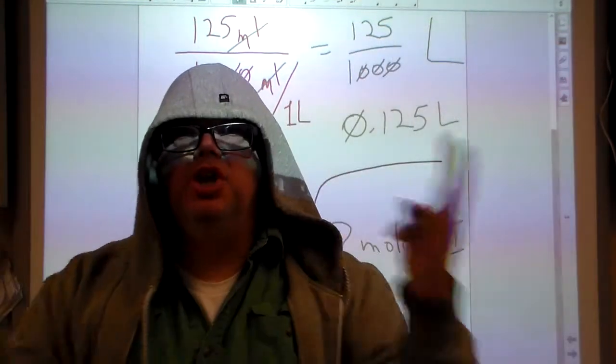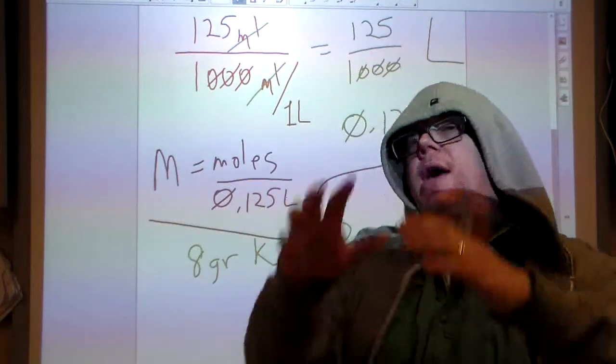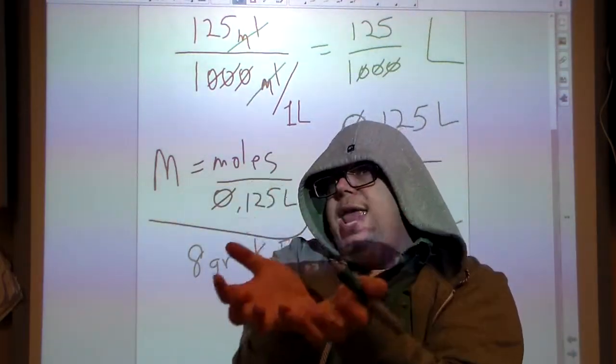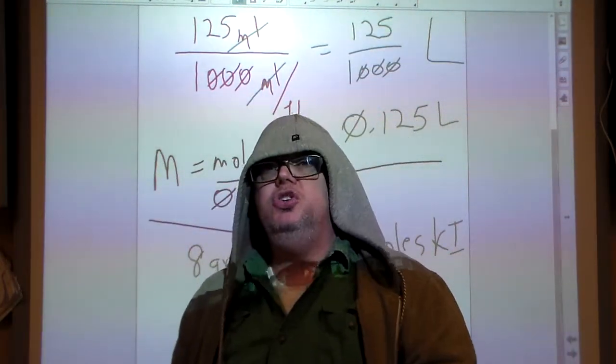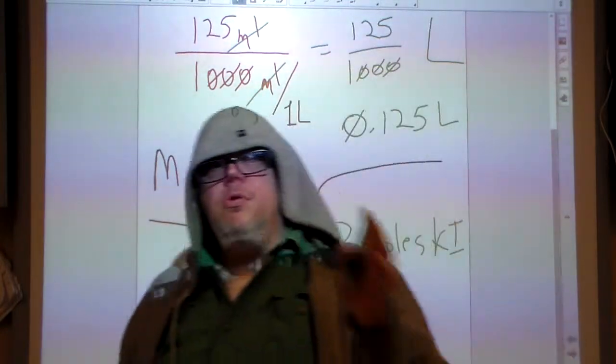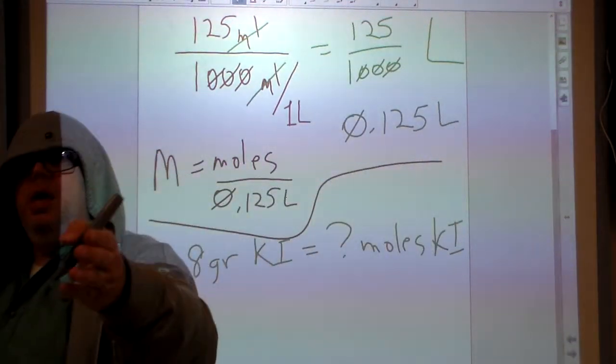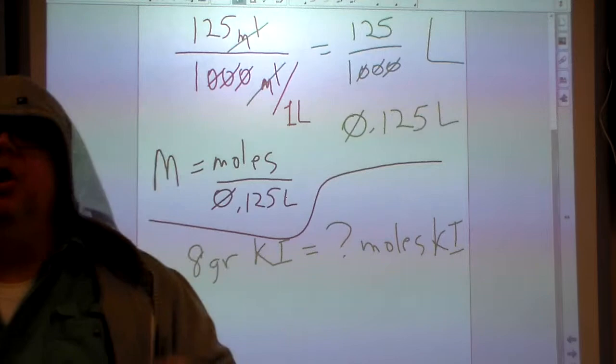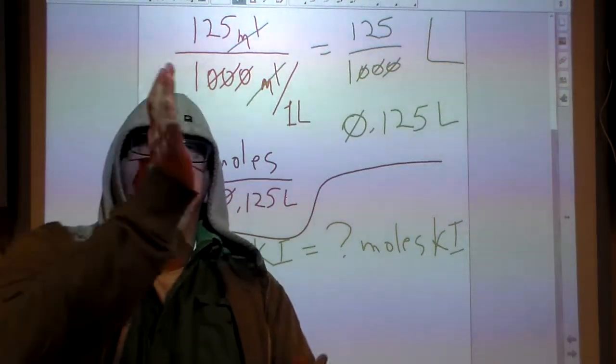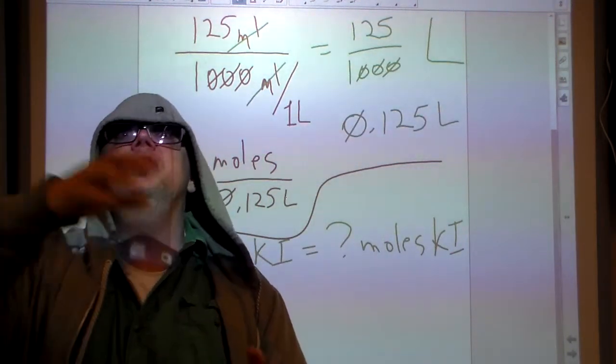But why do we have to change it to moles? Well, remember, you've got a mass, you've got this weight, and now you've got to change it to numbers. And remember, in stoichiometry, it's all about numbers. We have to change the mass of our stuff into numbers.